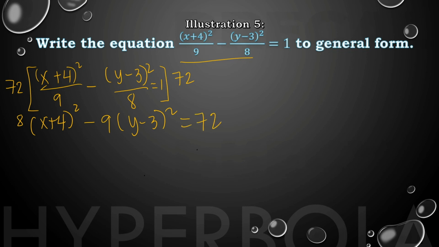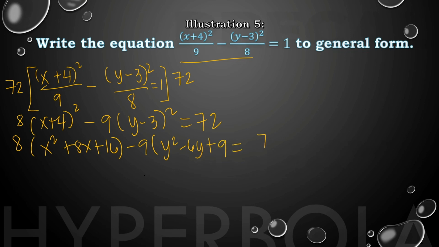And square lang natin yung mga binomials. So, 8 times x squared plus 8x plus 16 minus 9 times y squared minus 6y plus 9 is equal to 72. Distribute lang natin itong 8 saka yung 9.